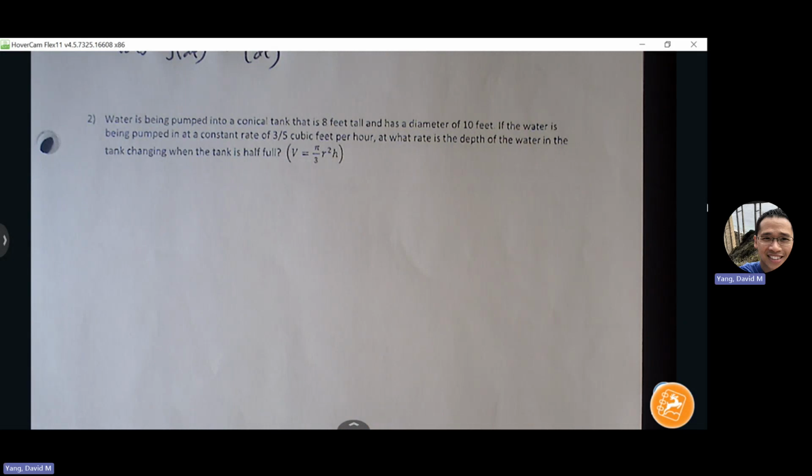So try setting it up, see how far you guys can get. I'll walk through the steps with you, but I'll see how we do here. Okay, page 17, number 2.